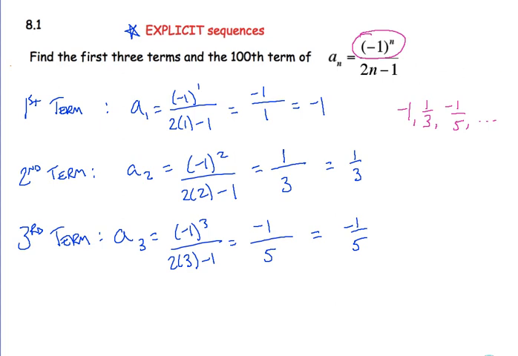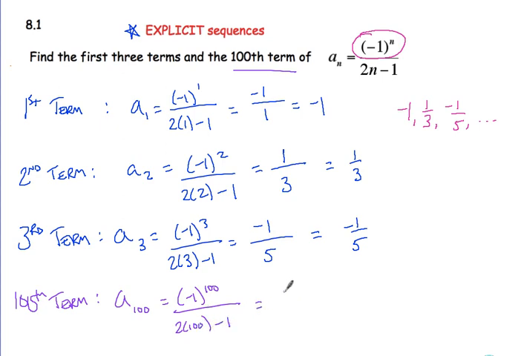All right, and then lastly, we were supposed to find the 100th term, so that means that we're going to plug in a 100. So a sub 100 would equal negative 1 to the 100th power divided by 2 times 100 minus 1.